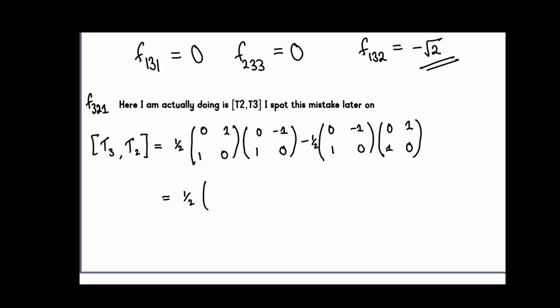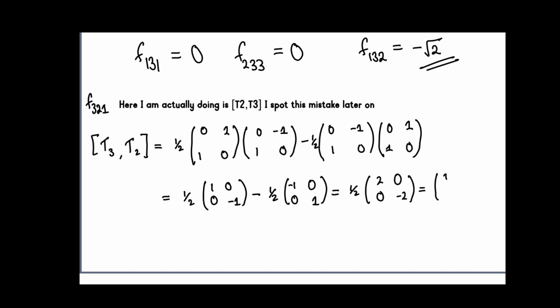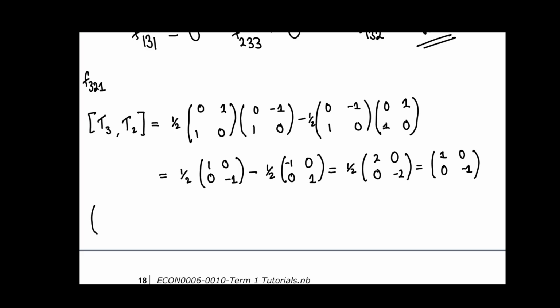So we get a half, (1, 0, 0, minus 1) when we multiply the matrices, minus a half, (minus 1, 0, 0, 1). So we are left with a half, (2, 0, 0, minus 2), which is equal to (1, 0, 0, minus 1).